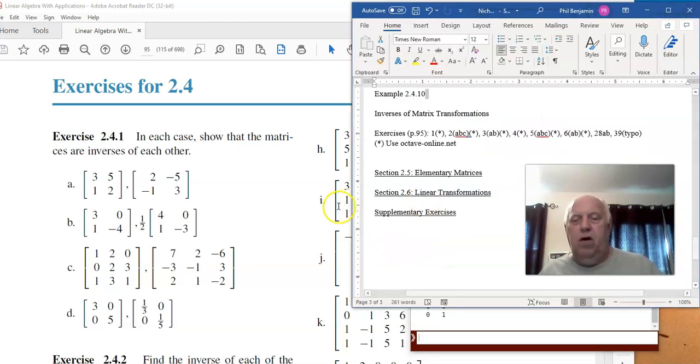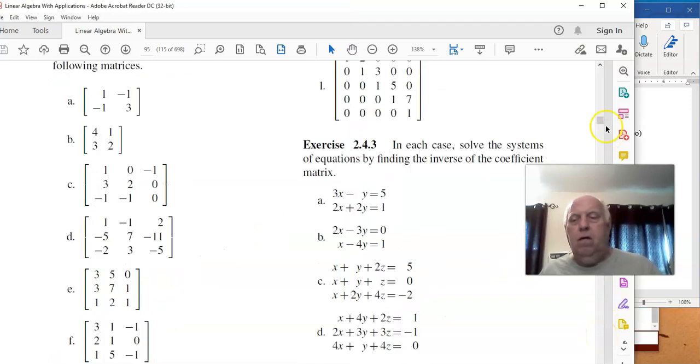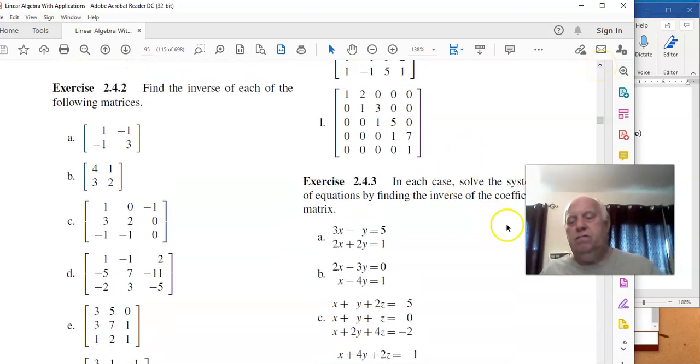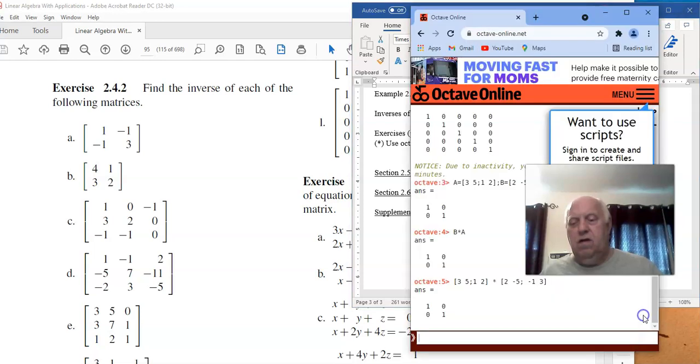Okay, that's problem 1. Problem 2. Find the inverse. Okay, so here's a matrix. I'm going to find the inverse. So let me name the matrix. Oops, where is it? Here we go. So let's say A is the matrix.